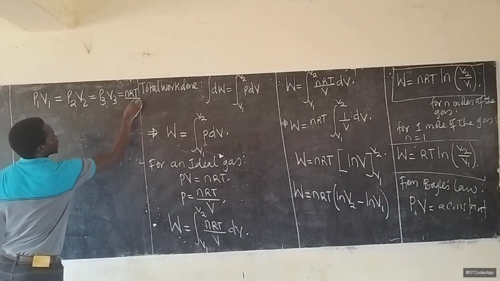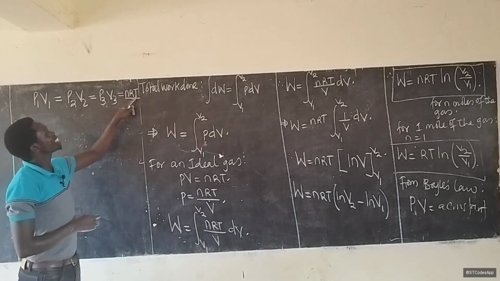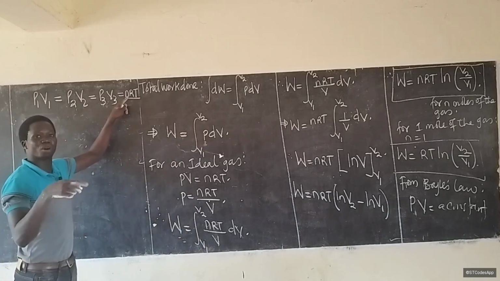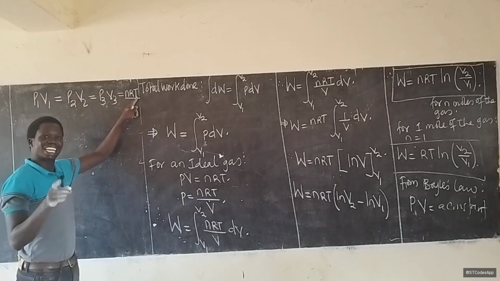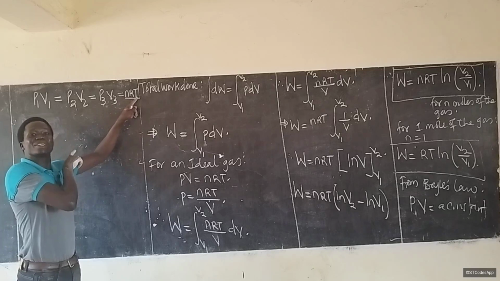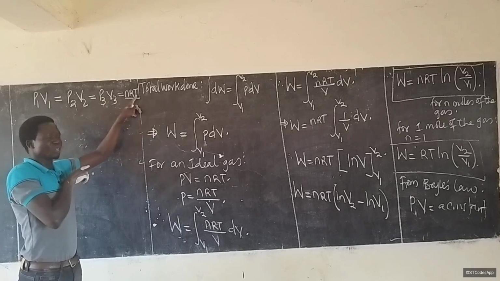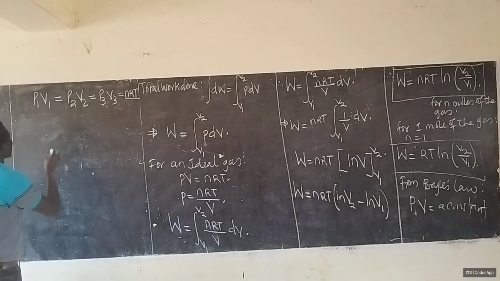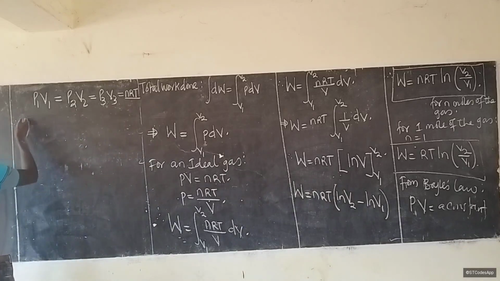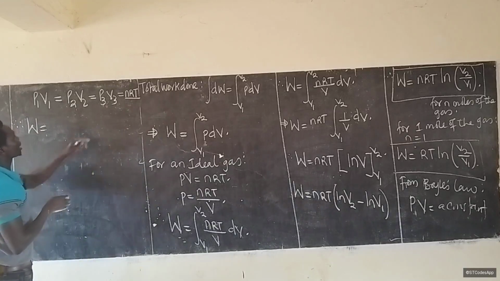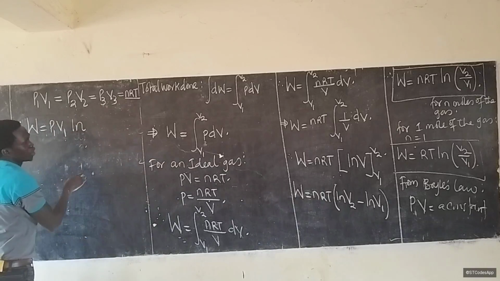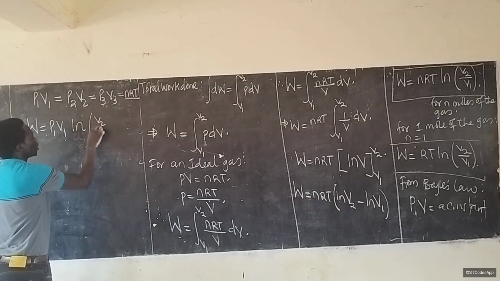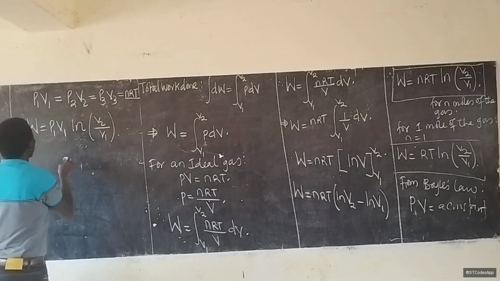This is what we are calling a constant, because n is the number of moles and doesn't change, R is the molar gas constant, and T is the temperature. Because we are dealing with an isothermal process, the temperature is constant. So work done is going to be, instead of RT, P1 V1 ln of V2 over V1.